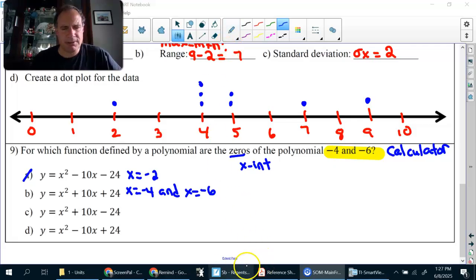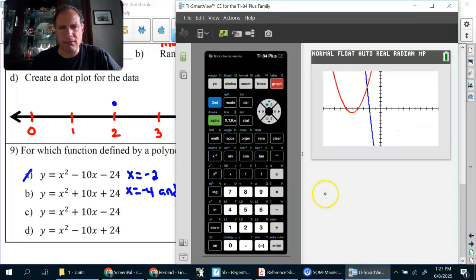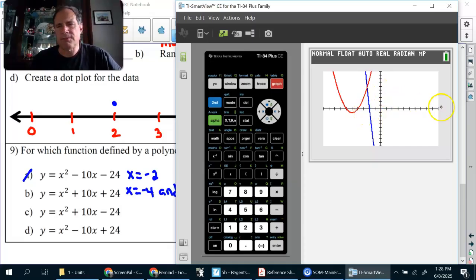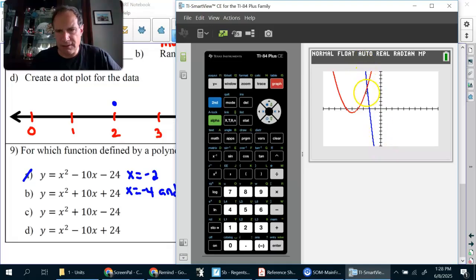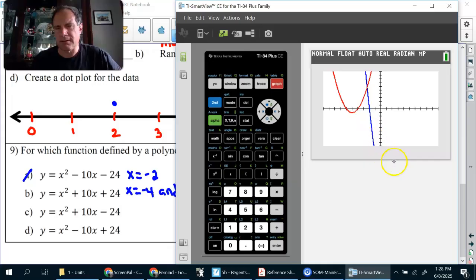So I put this into the calculator, and look, I see this. You see this blue one? This is -2. To see the other one, obviously this is going this way, and it's a large parabola, so it comes back up off the screen.